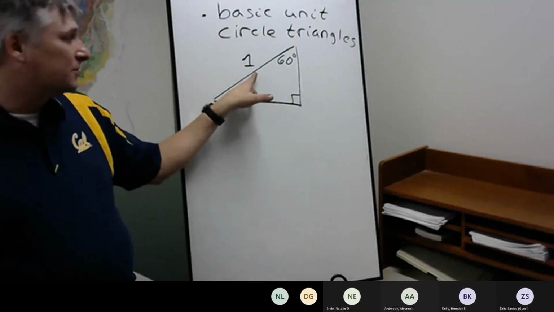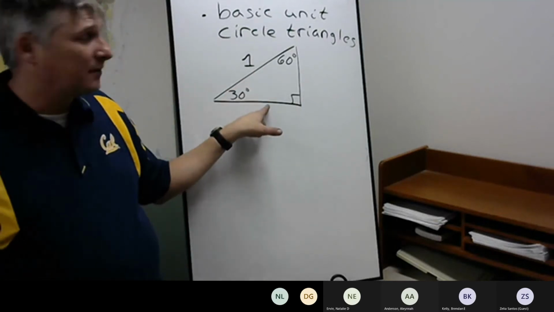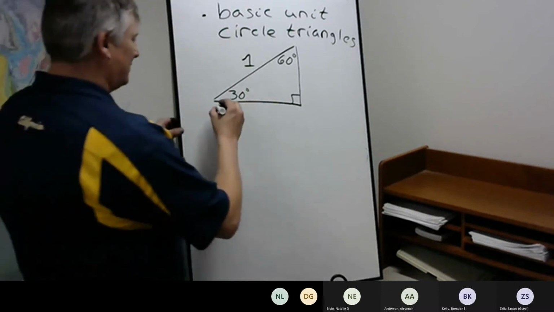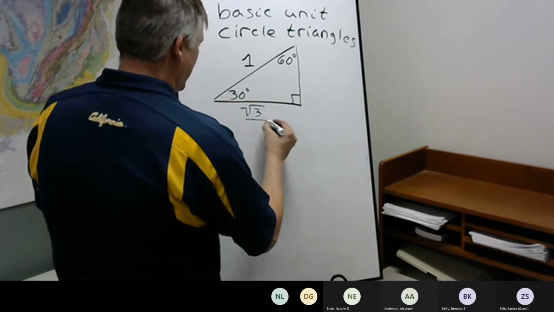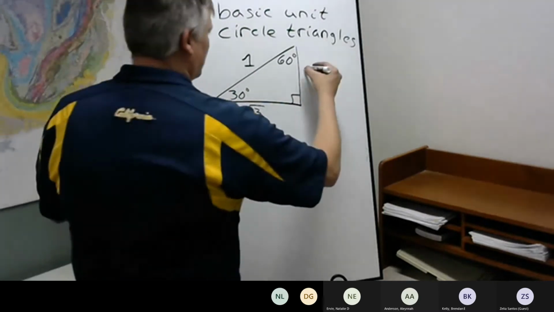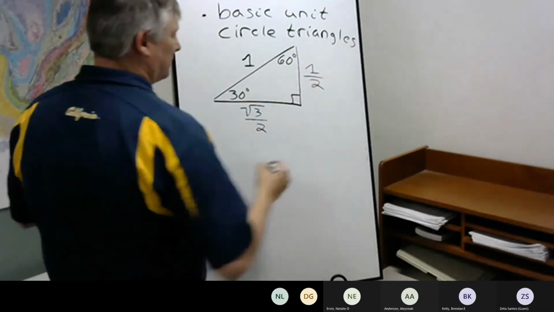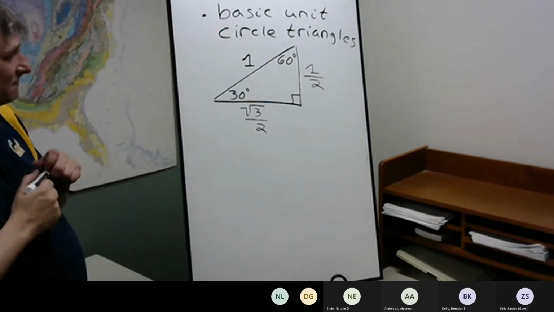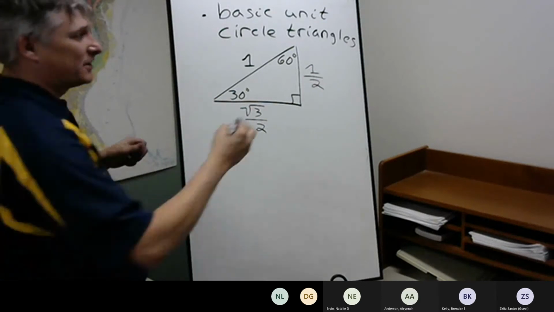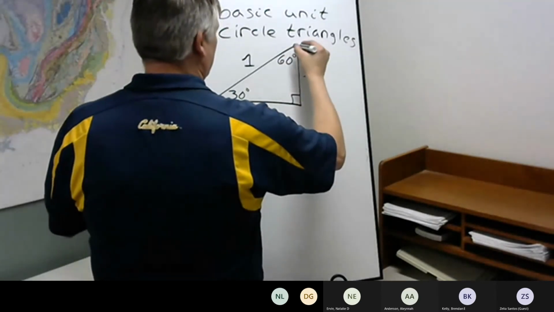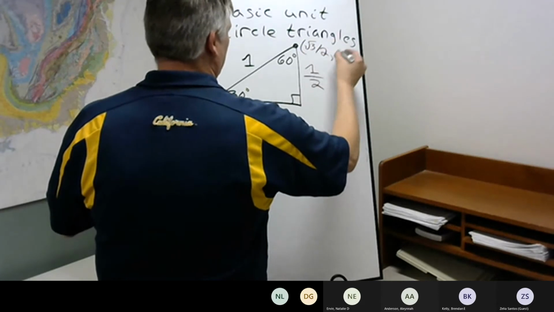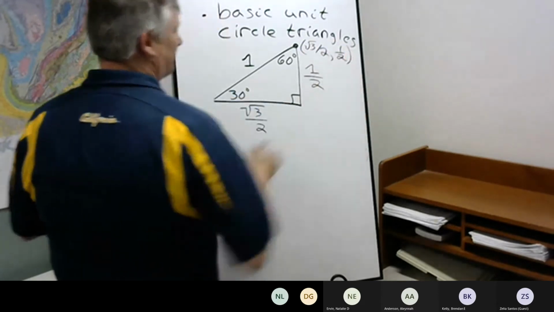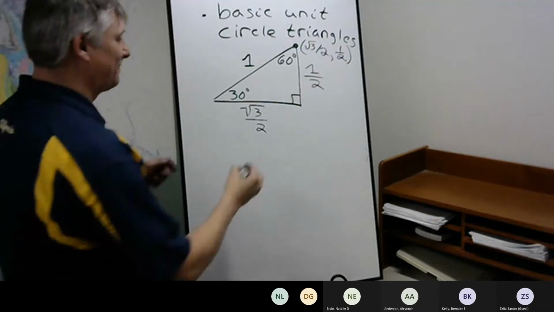This is the radius of the unit circle, and this would be the x-axis. This here is rad 3 over 2, and this here is 1/2. So this is going to give us a coordinate of rad 3 over 2, 1/2 for x and y.